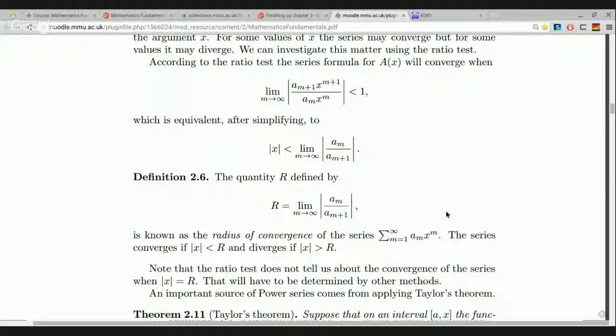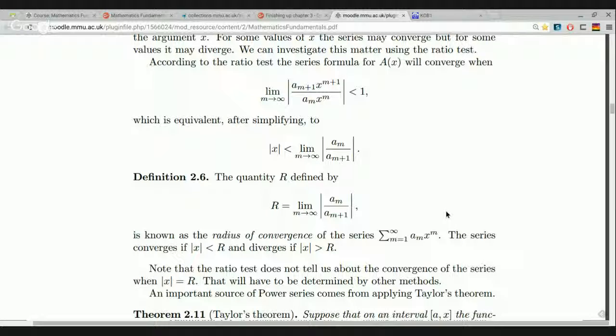And a main application of power series is in functions defined in the complex plane, complex numbers, and there the radius of convergence is an actual radius of a circle. But in general, we could consider this a one-dimensional radius.